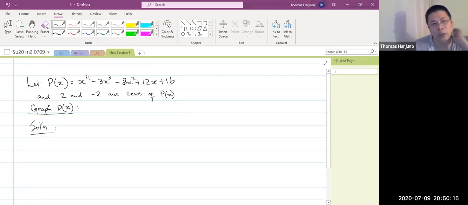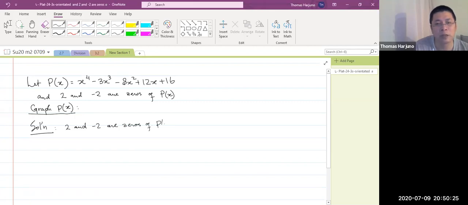Solution. Knowing 2 and negative 2 are zeros of P(x) implies x minus 2 and x plus 2 are factors of P(x).